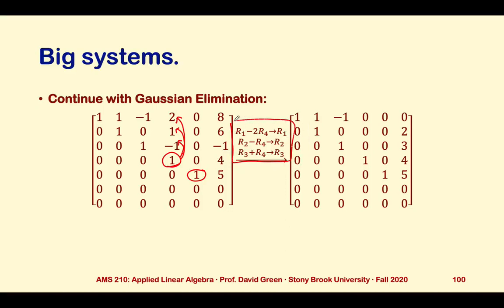For each of the operations, we work on row 1, 2, or 3, adding or subtracting the appropriate multiple of row 4 to substitute again for row 1, 2, or 3.